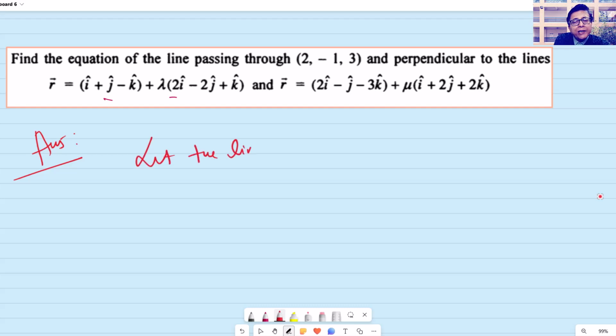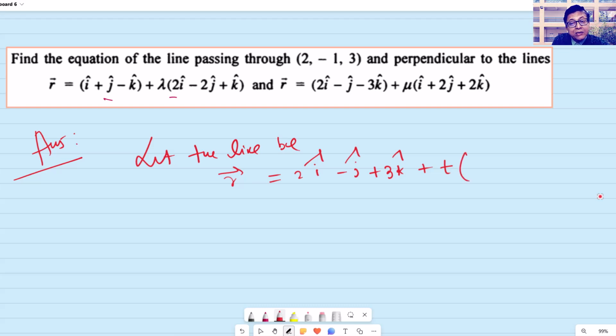Let the line be r equal to 2i minus j plus 3k plus t into b. B means what?